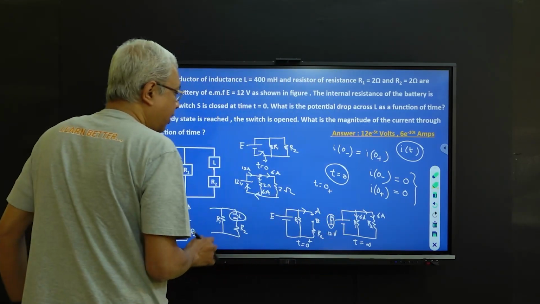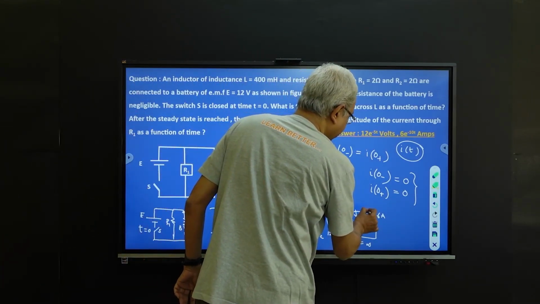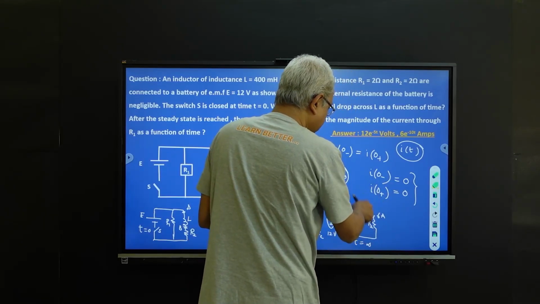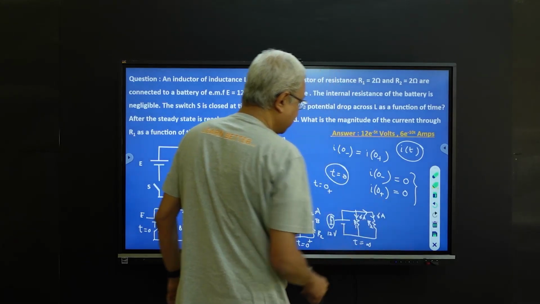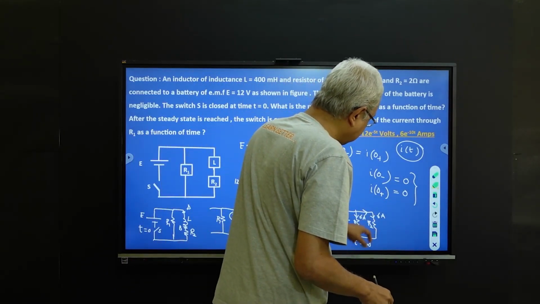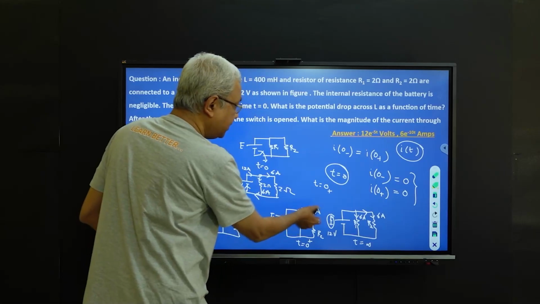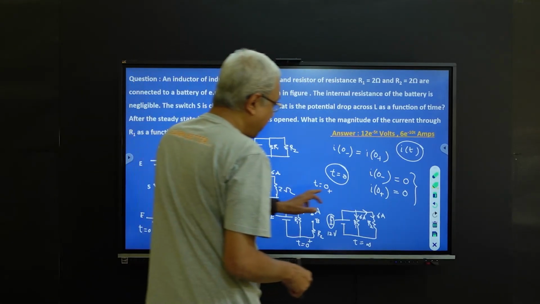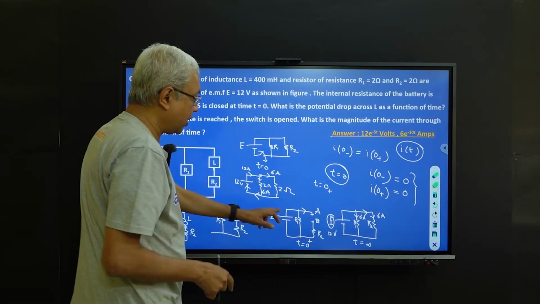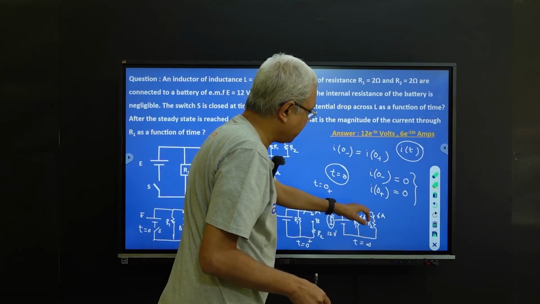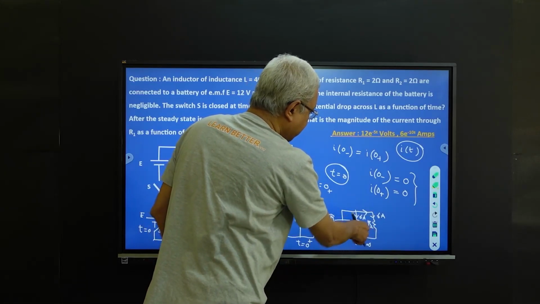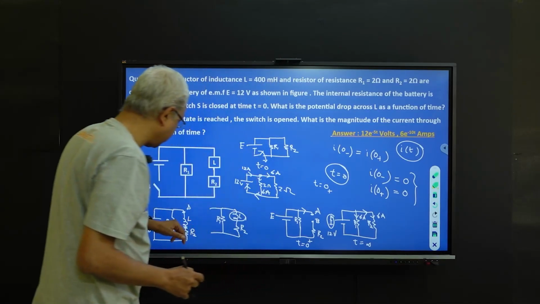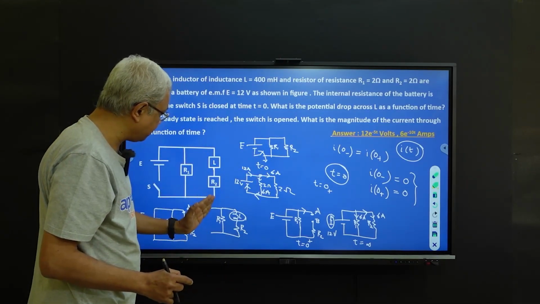Alright. Now, in the steady state, both the branches pass 6 ampere current. But in this branch, initially the inductor behaves like an open circuit, that means there is no current in this branch. But finally it passes 6 ampere current because the inductor behaves like a short circuit. It offers no resistance when sufficient time has passed.